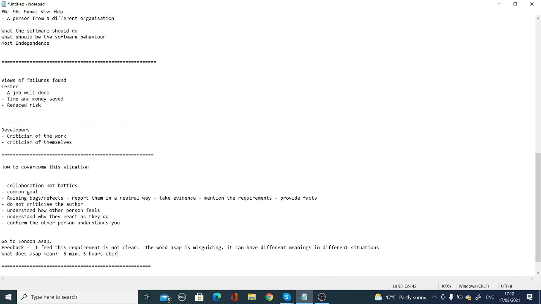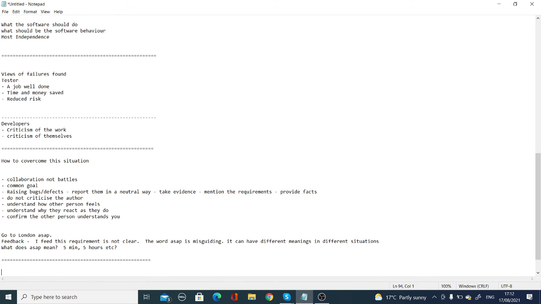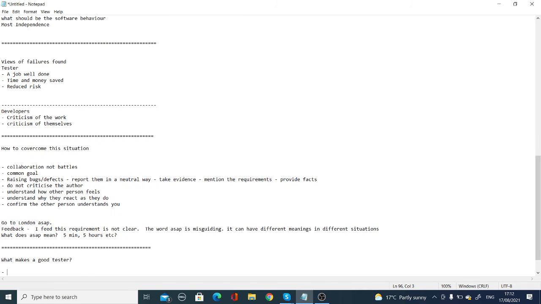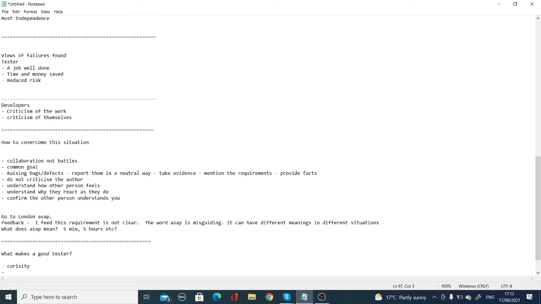Then how can you be a good tester? What makes a good tester? If you want to be a good tester, you should be curious. How does the system work? What does this requirement mean?